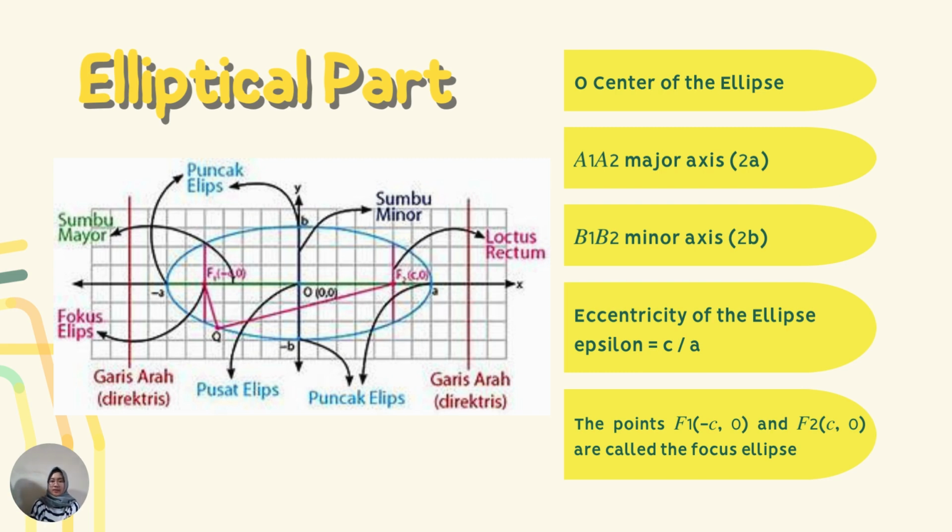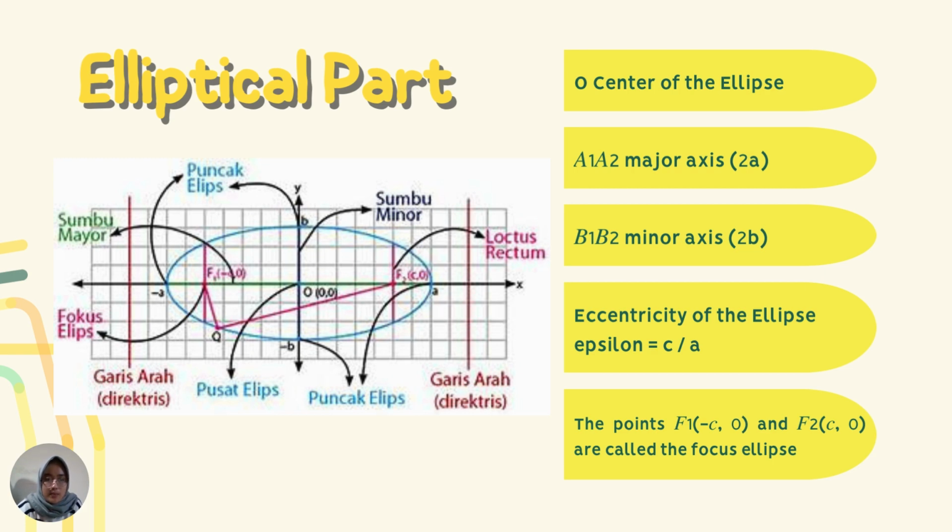The center of the ellipse is at (0, 0). Next, A1, A2 is the major axis, 2a.